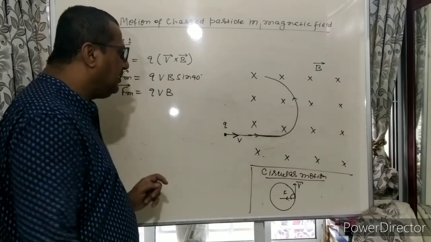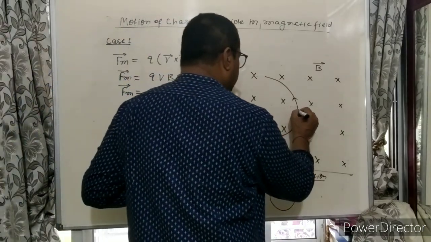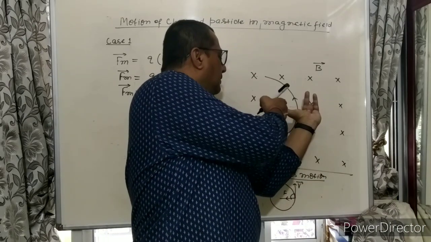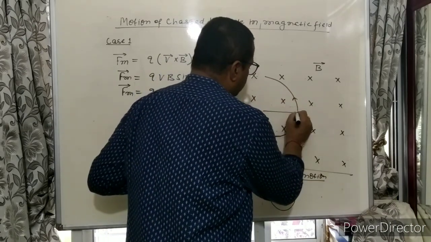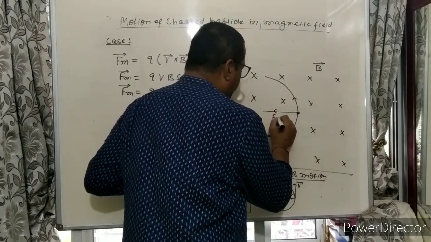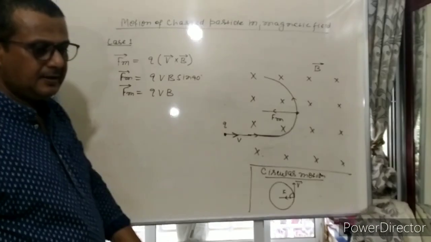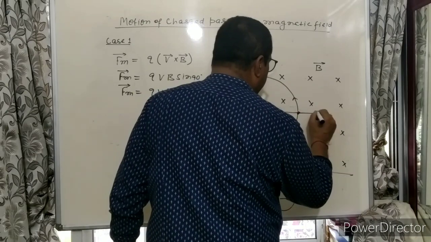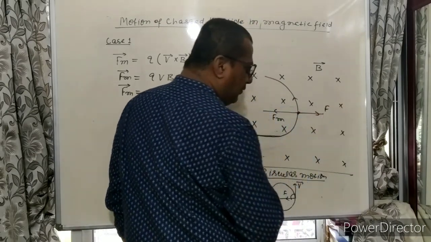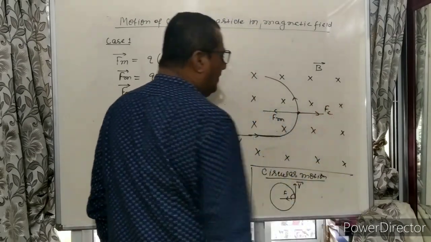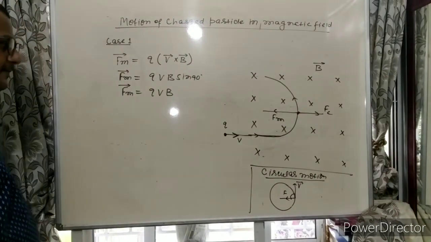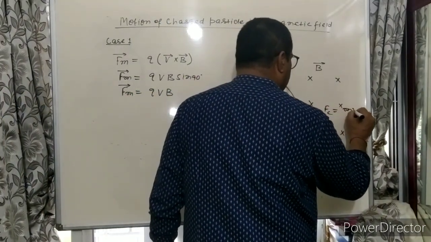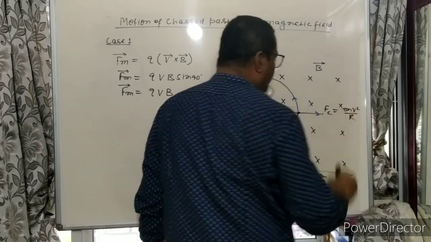When it moves circularly, then at this position, this is the direction of magnetic Lorentz force, and certainly the direction of centripetal force, which is equal to centrifugal force, that is equal to m v square by r, both are equal.